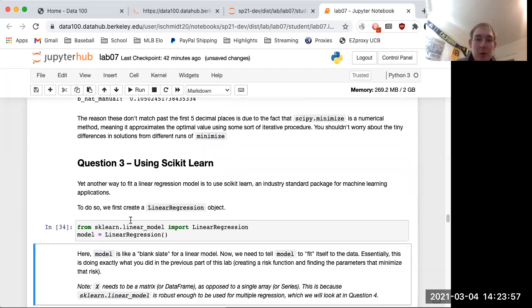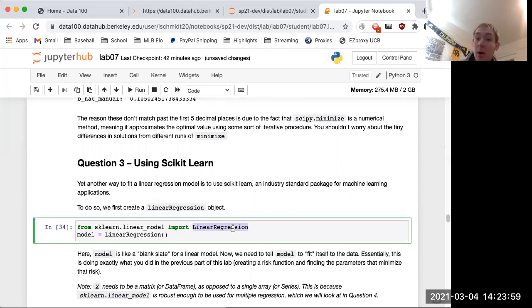So how do we do that? Well, we can import the linear regression model from this module. And the way we work with this and do these calculations is through this model object. So what is a model object? Well, a model object contains all the details about your model.